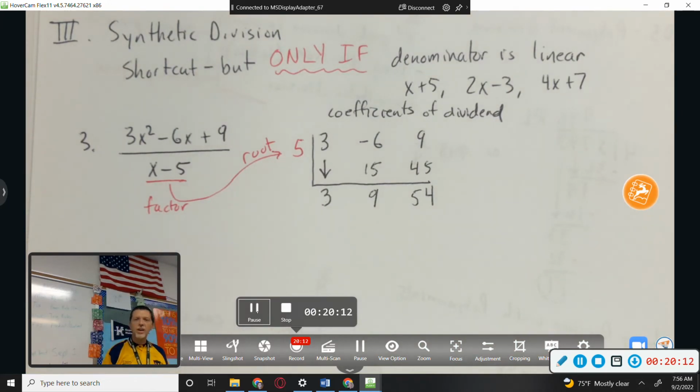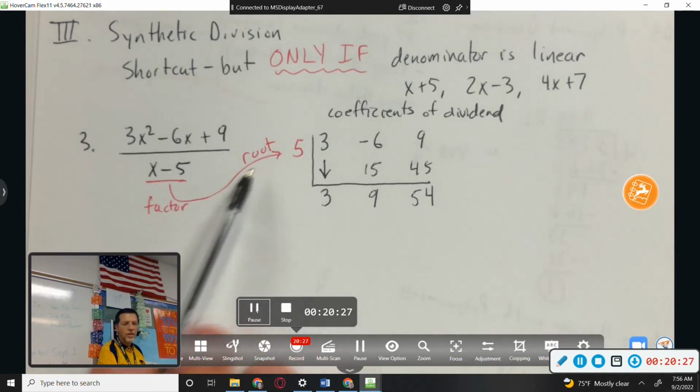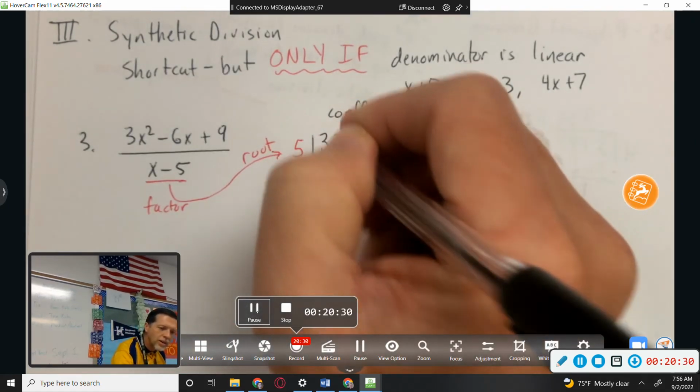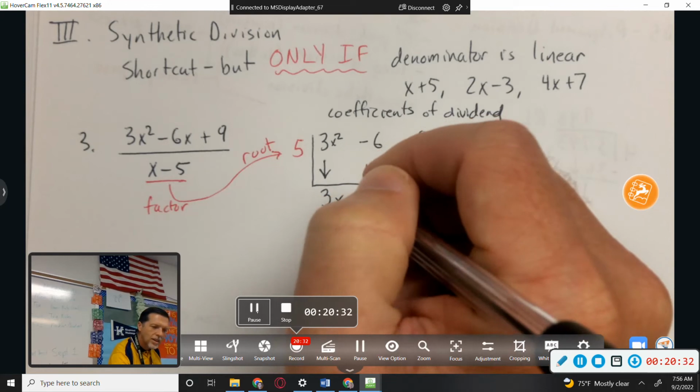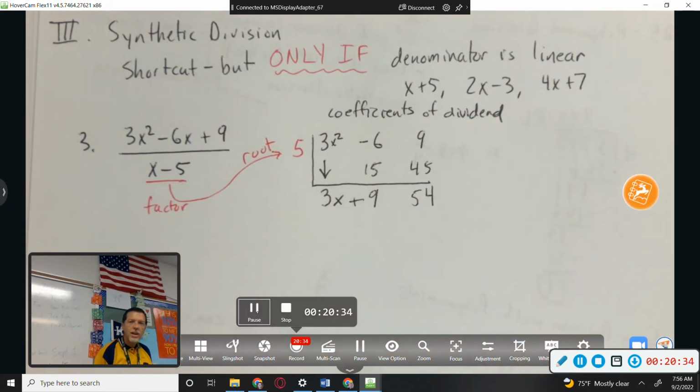Okay, how do we make sense of those numbers? What do those mean? Good, you go 1 degree lower. If you're doing an x squared divided by an x, you're going to land with an x. So you're going to go 1 degree lower than what you started with. So this was an x squared, so now we're down to x and 9. Uh-oh, but now I'm out of stuff.